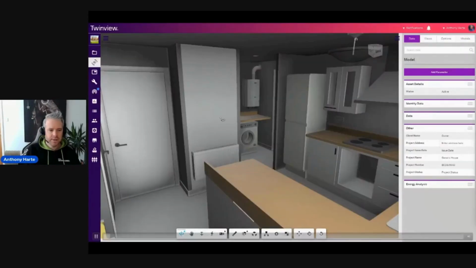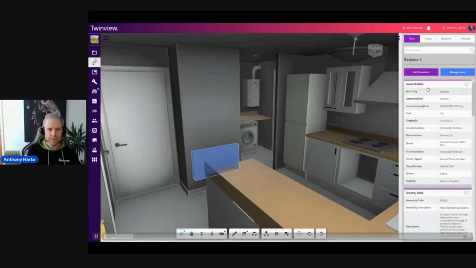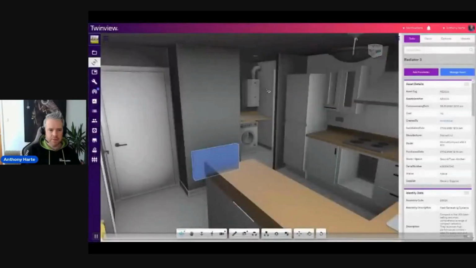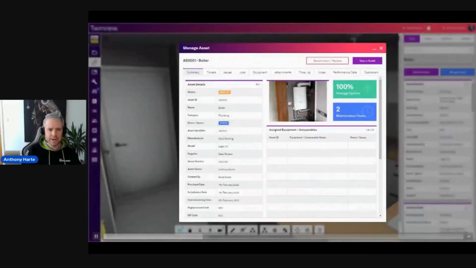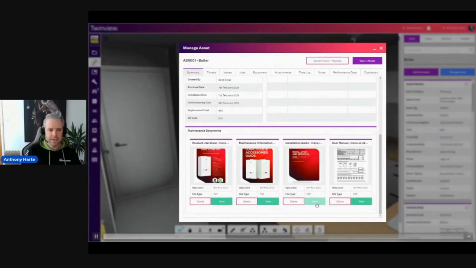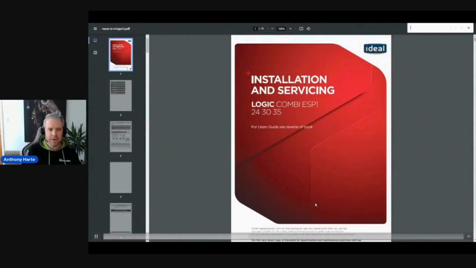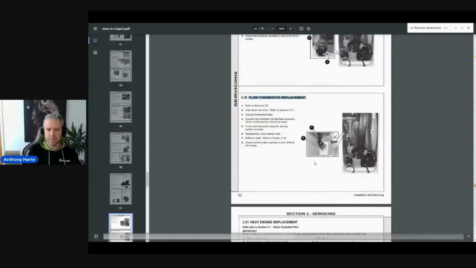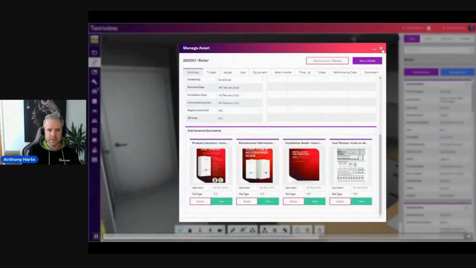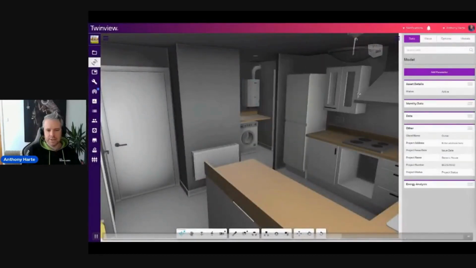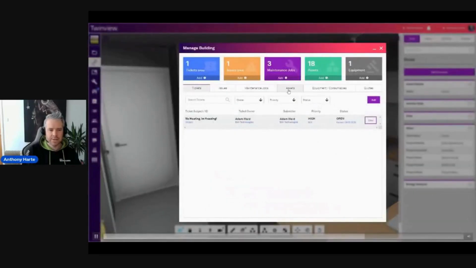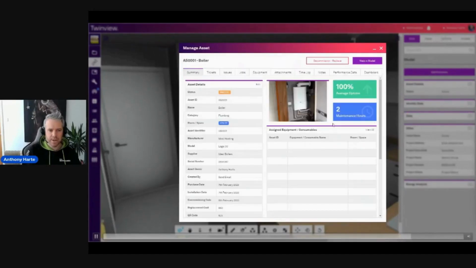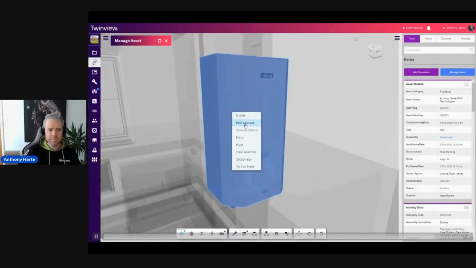I've got a short video here of how that would look with a 3D first model approach. So if you look at a typical apartment, if you wanted to replace anything in the boiler, you would have access to the boiler information immediately via a web browser. And this could also be tenants if you are renting out a high-rise building, for example, and the tenants needed the documentation, then this could be a way of giving them access to a portal where they could look at the information for their apartment.